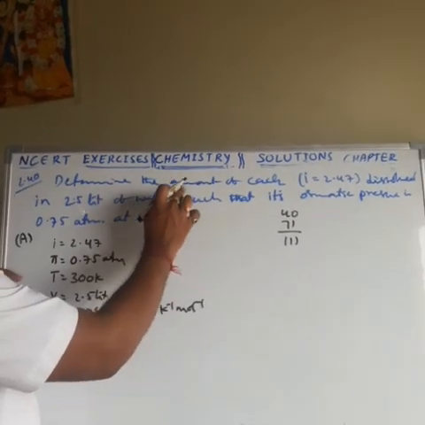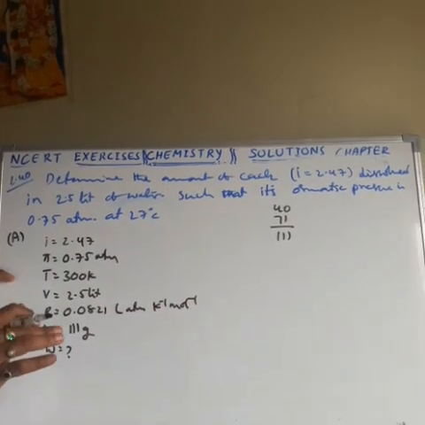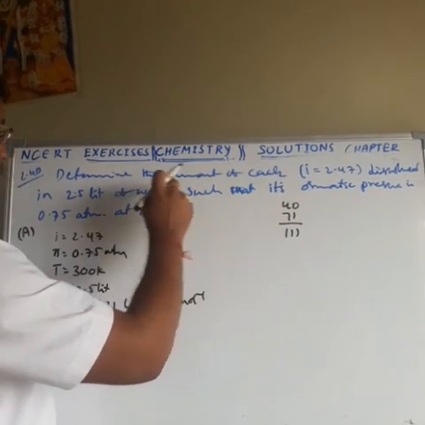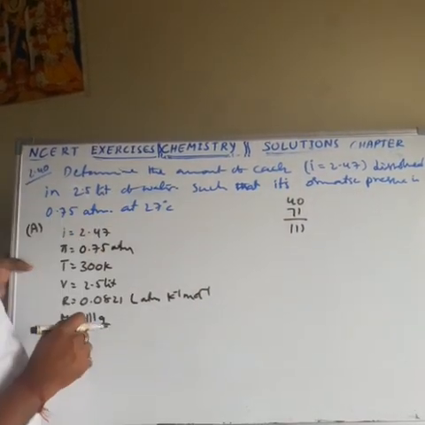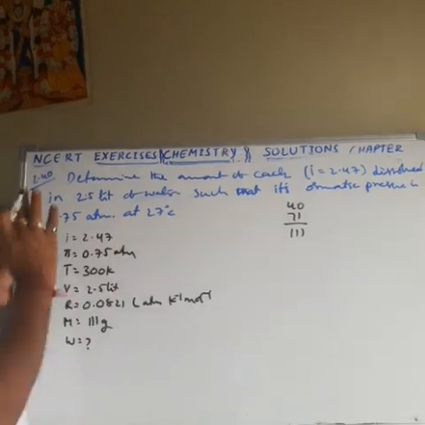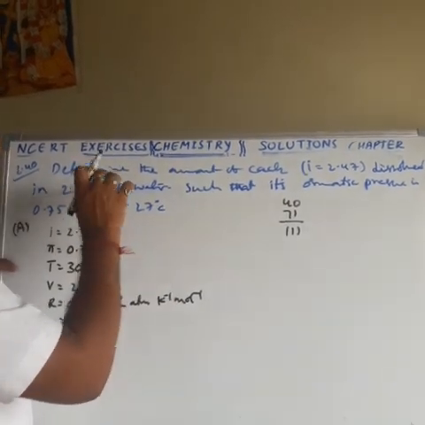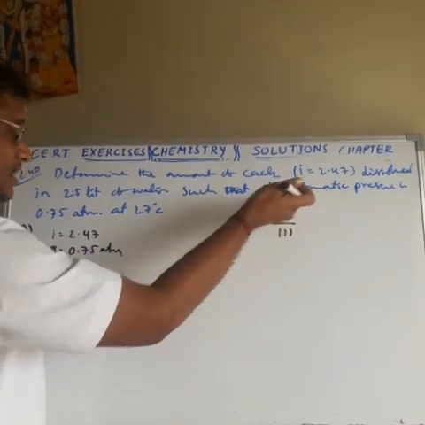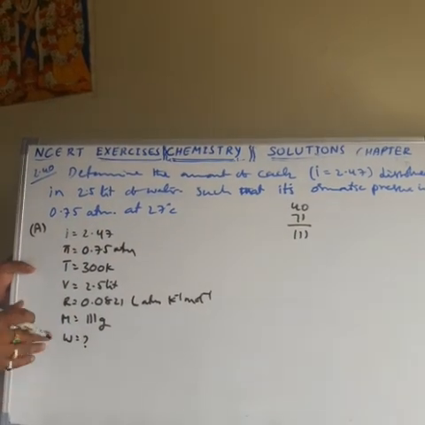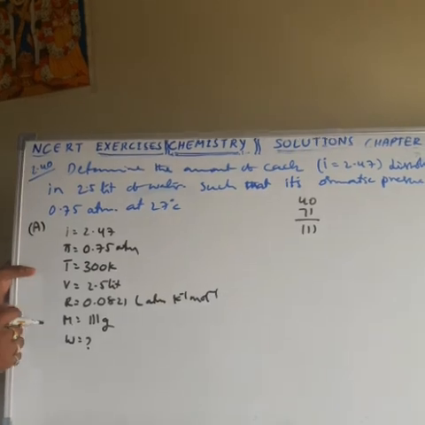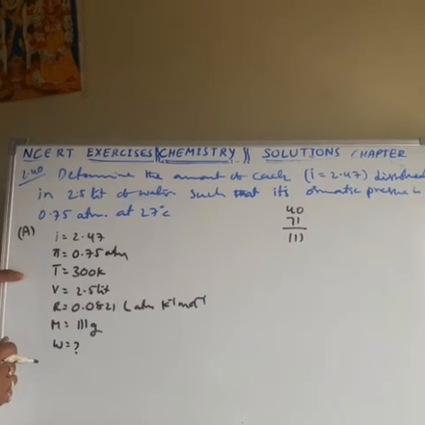So here, the question is to determine the amount of calcium chloride dissolved in 2.5 liters of water. Its osmotic pressure they give, temperature they give. So how much weight of calcium chloride is dissolved in 2.5 liters of water so that the osmotic pressure is 0.75 atmosphere at 27 Celsius degrees. We have to calculate the weight of calcium chloride.